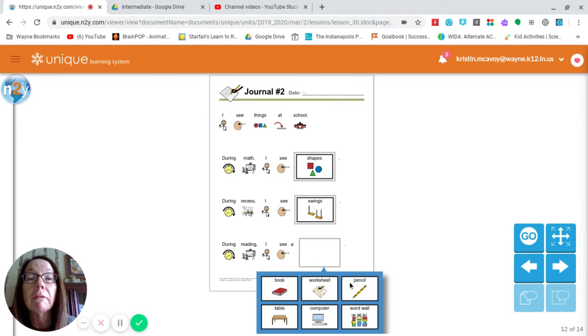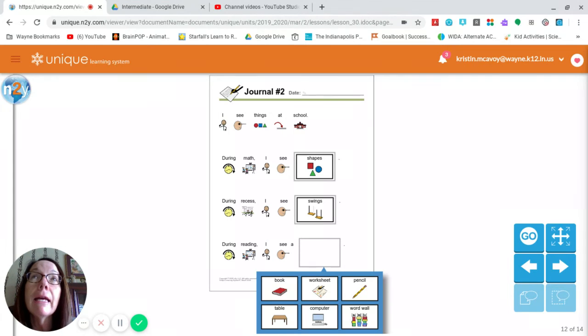To do your work, you often need a pencil, so we have those a lot of times during reading groups. Table. We always go to our 3 tables. You either choose the red table or the purple table or the pink table to do your work. Computer. We display our Storytime book on the computer on the Promethean board. So we use a computer and a word wall. We have a word wall in our room.